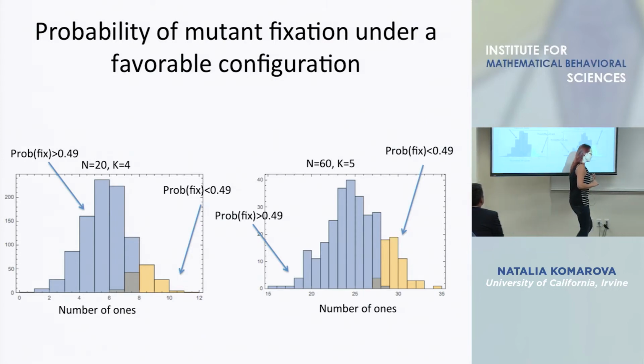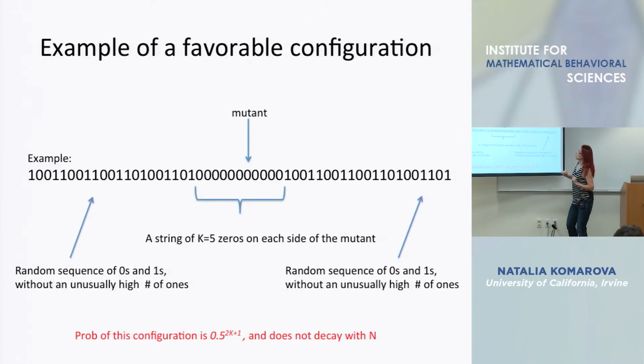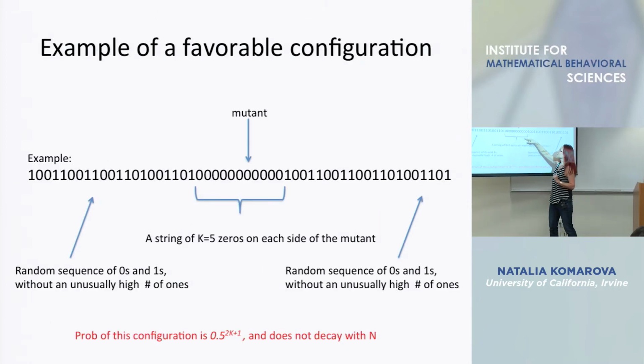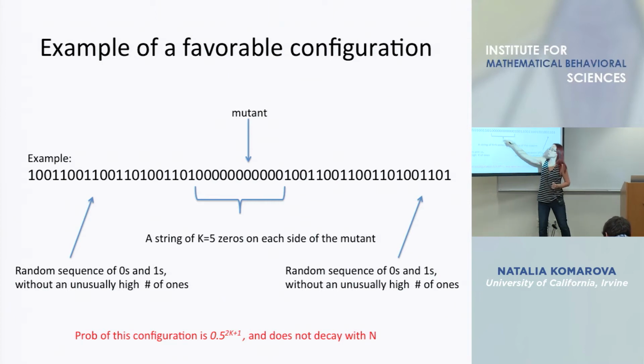And the interesting part here is that to create this configuration, this happens with probability 1/2 to the power of 2k plus 1, which is independent of n. So somehow, with the probability independent of the size, you can have this very favorable configuration that gives the mutant an initial push.